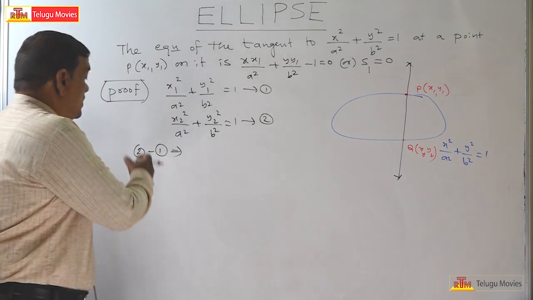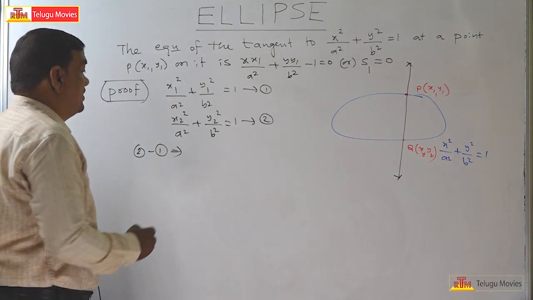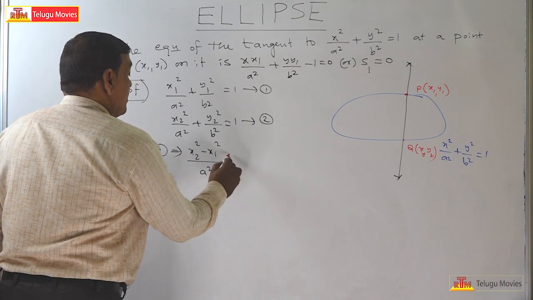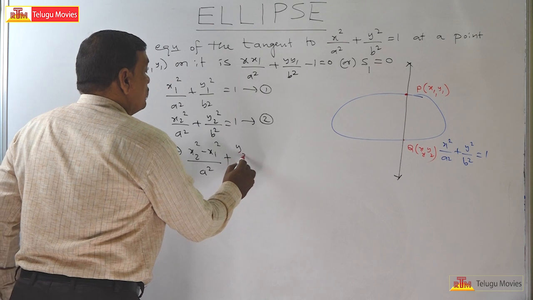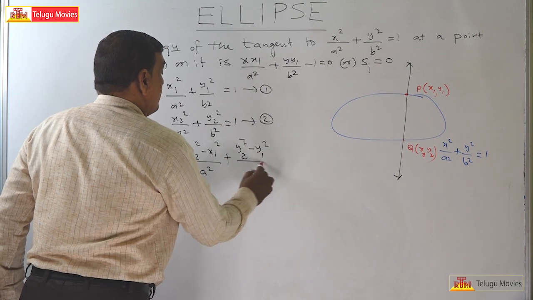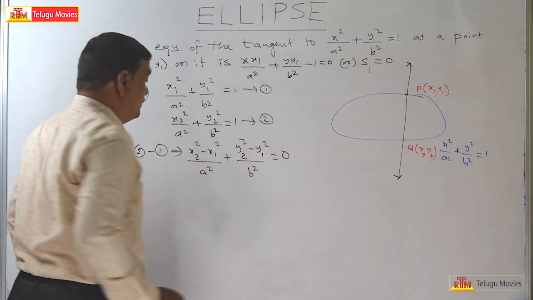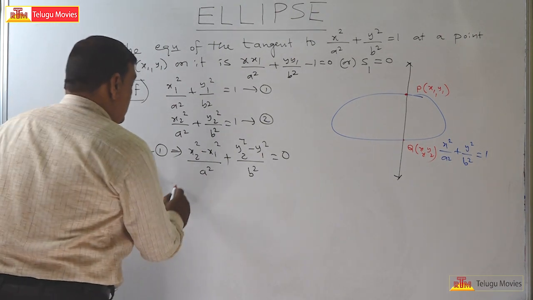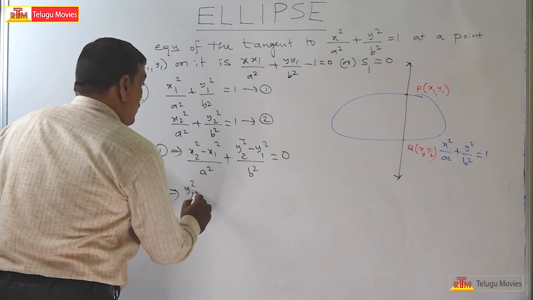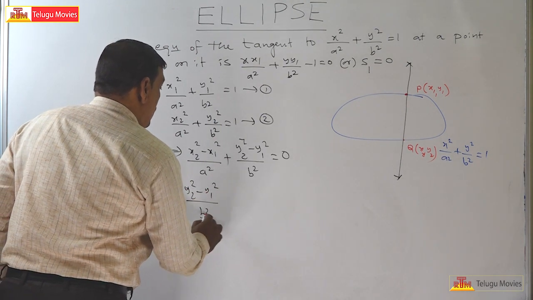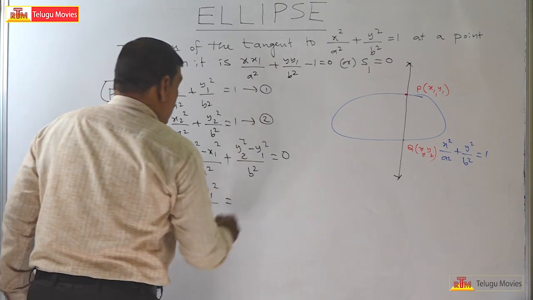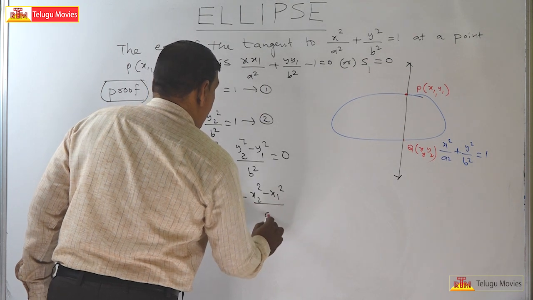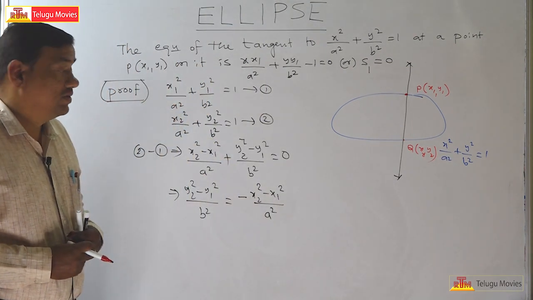Second equation minus first equation: x2 square minus x1 square by a square plus y2 square minus y1 square by b square is equal to 0. Understand this? Next one. So from this, y2 square minus y1 square by b square is equal to, taking to that side, minus x2 square minus x1 square by a square.